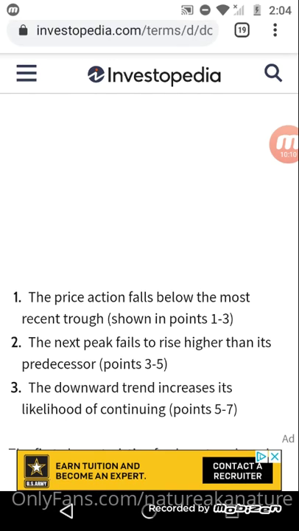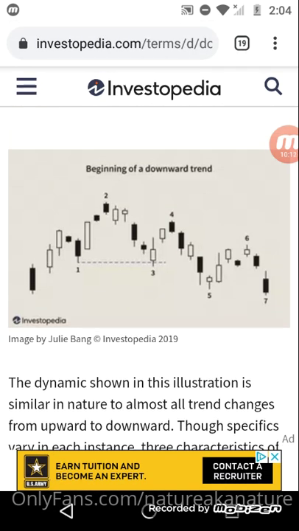That's how you know it's going down. It's going to make a lower low and then another lower high, but that lower high at 4 is not going to be higher than 2, and 6 is not going to be higher than 4. Lower lows: 5 is lower than 3, and 7 is lower than 5.